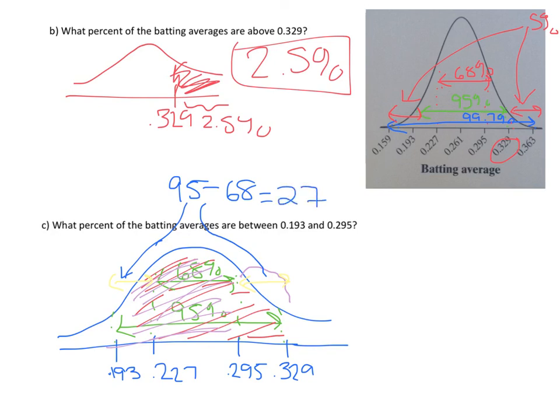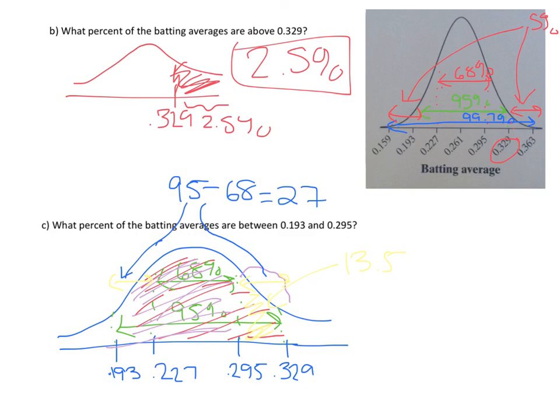So then we know that that little part in yellow right here is going to be half of 27. And half of 27 is 13.5. So now the part that I have shaded in pink is 95%. The part that I have shaded in yellow is 13.5.